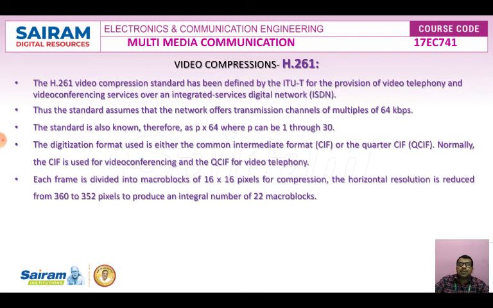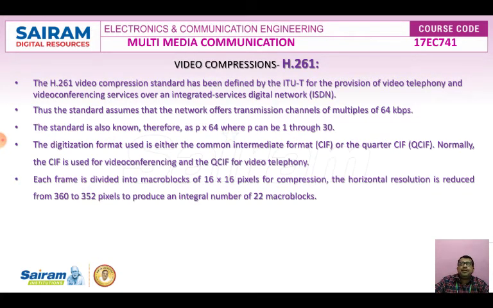Both formats use subsampling of the two chrominance signals at half the rate used for the luminance signal, and progressive scanning is used with a frame refresh of 30 fps for CIF and 7.5 fps for QCIF.